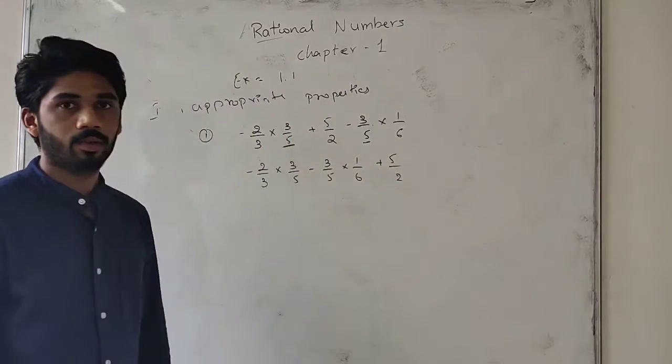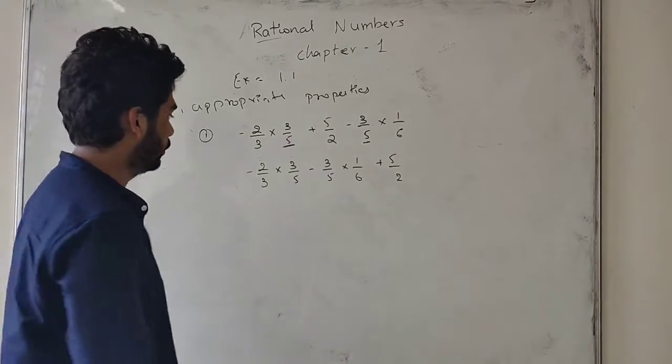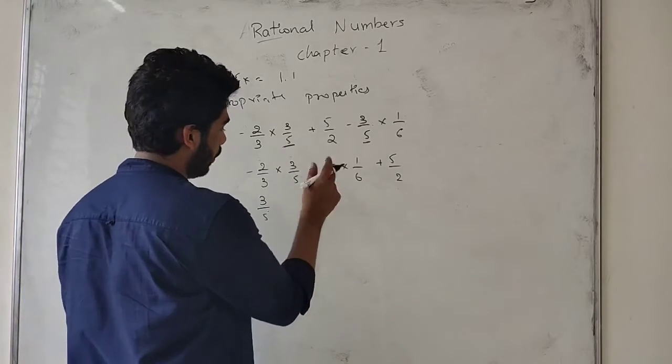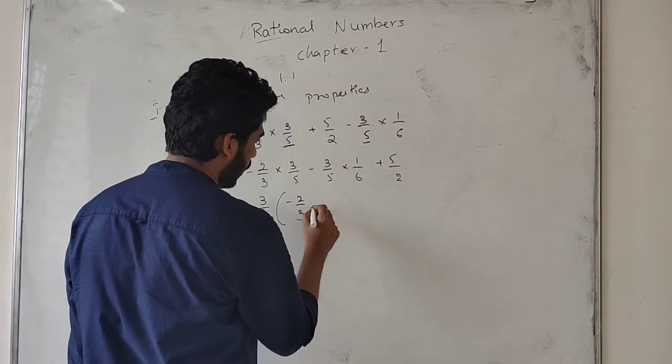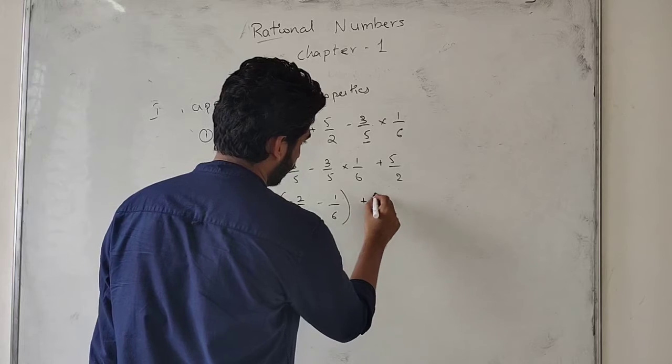Okay friends, got it. Now take 3 by 5 as the common factor. So we get 3 by 5 into minus 2 by 3 minus 1 by 6, plus 5 by 2.